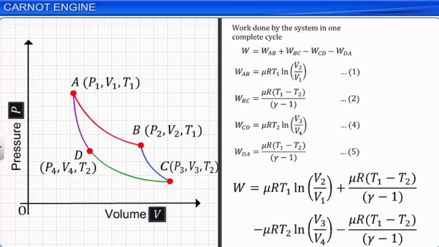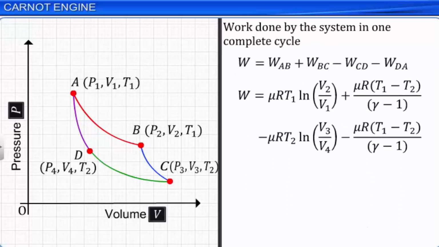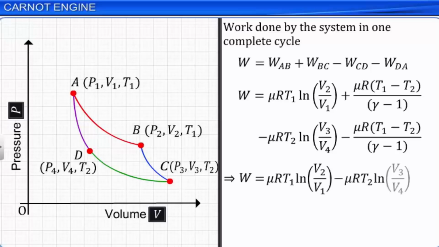On simplification, we get W is equal to μRT1 ln(V2/V1) minus μRT2 ln(V3/V4). Let this be equation 7.